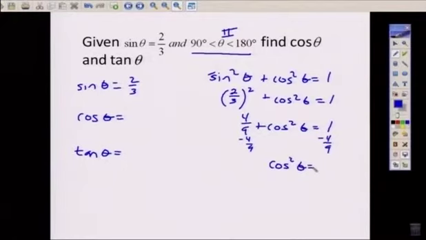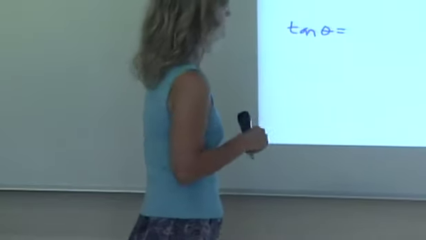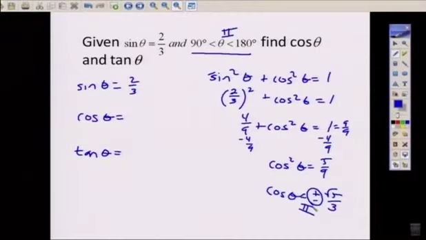Cosine squared theta equals, the 1 I can make 9/9, so that would give me 5/9. So cosine theta is either positive or negative square root of 5 over 3. To decide if it's the positive or the negative value, we need to look at what quadrant we're in. And we're in the second quadrant. And in the second quadrant, the only positive ones are sine and cosecant. So that means our value for cosine is negative. So our answer for cosine is negative square root of 5 over 3.